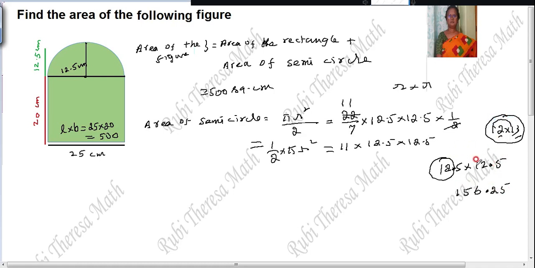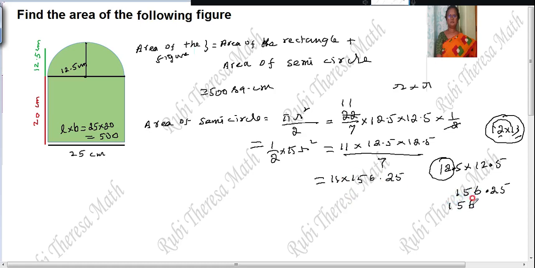Those who don't know Vedic maths, no problem, just do it as usual. So 11 into 156.25, divided by 7. This is very easy, isn't it?